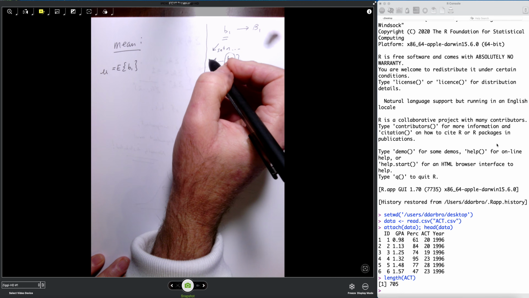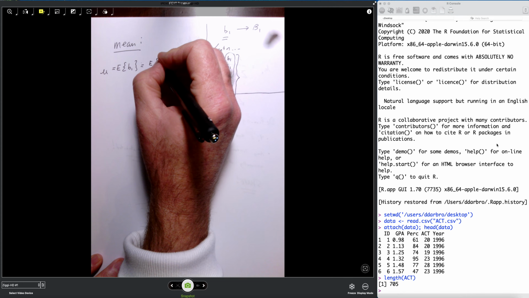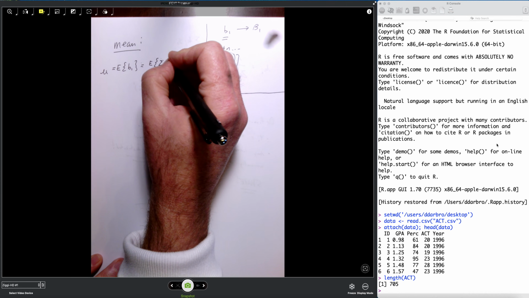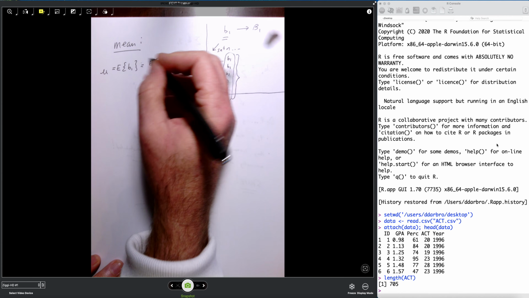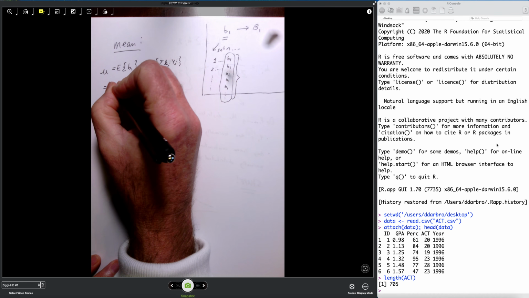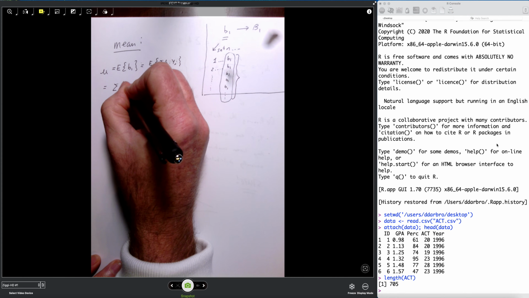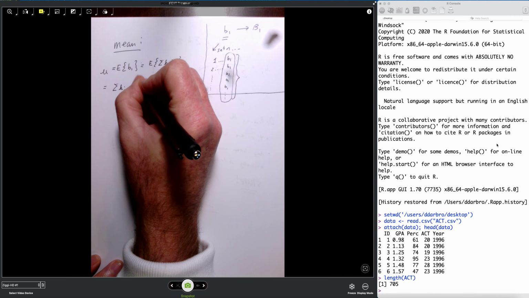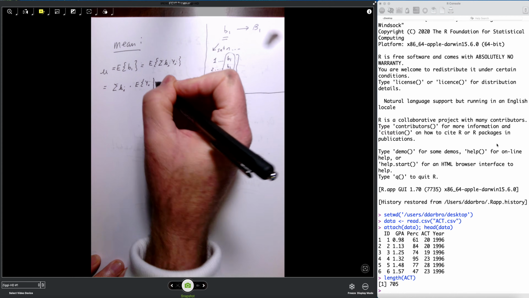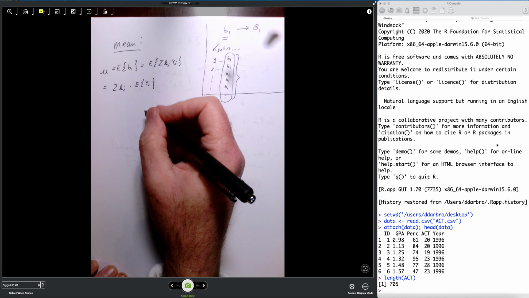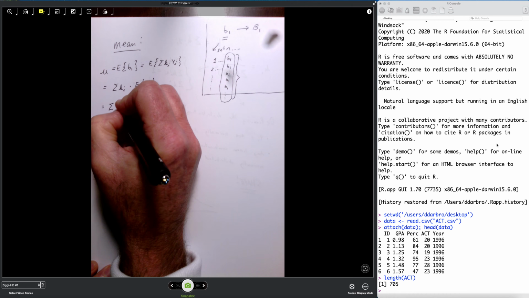for beta 1, which from before is just equal to the expected value of the sum of the k sub i's times the y sub i's, which is equal to the sum of the k sub i's times the expected value of the y sub i's. But we know that, rewriting this, we have the sum of the k sub i's.